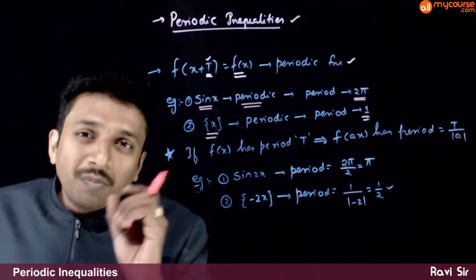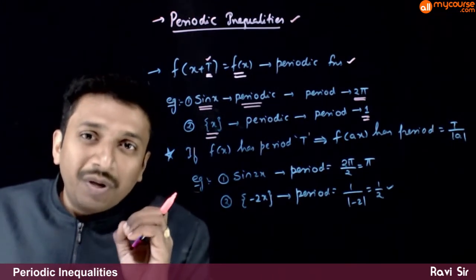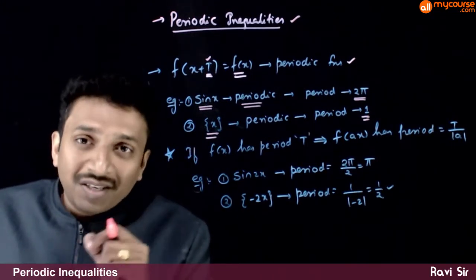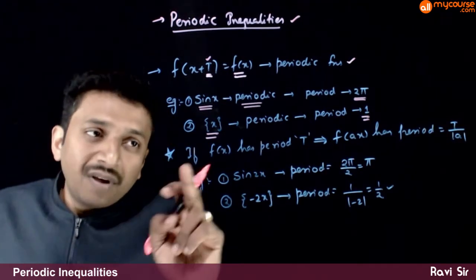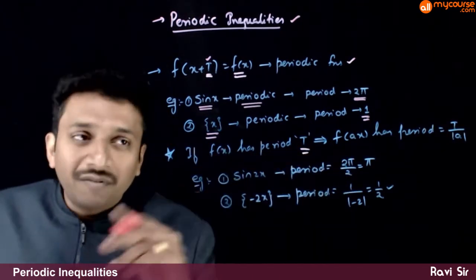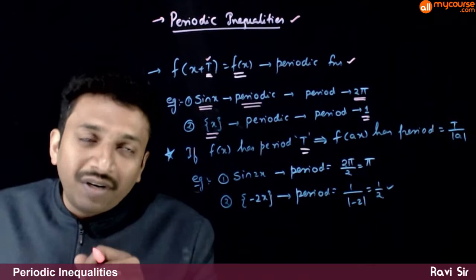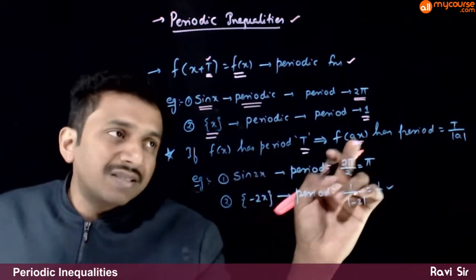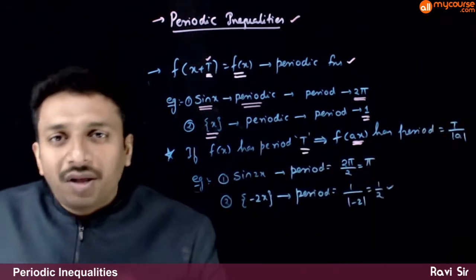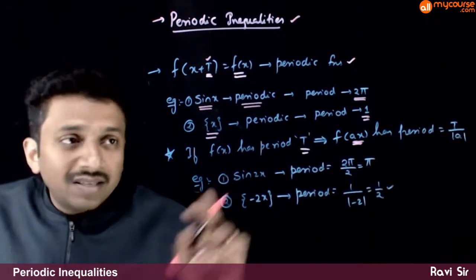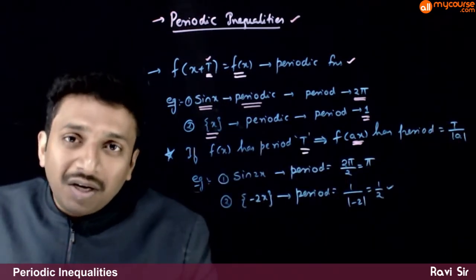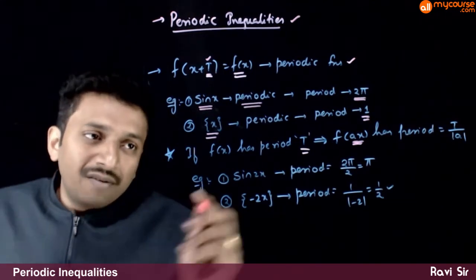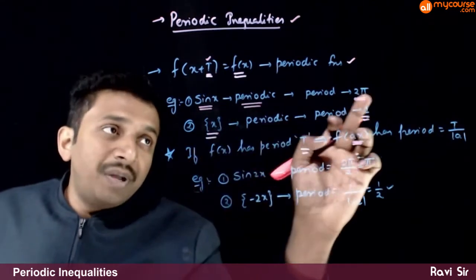You would have learned this in the topic of periodic functions, in the topic of functions. What is the most important property that you need to remember about periodicity of different functions? If a basic function f of x has a period of t, then f of ax, if you substitute x with ax, has a period of t by mod a. This is the most important property that you need to remember. For example, sin x has a period of 2 pi.